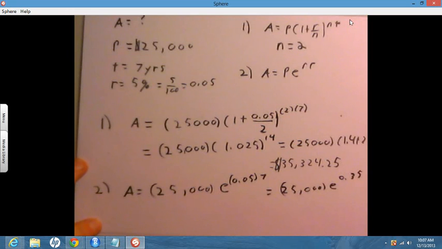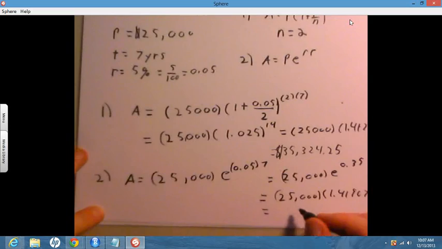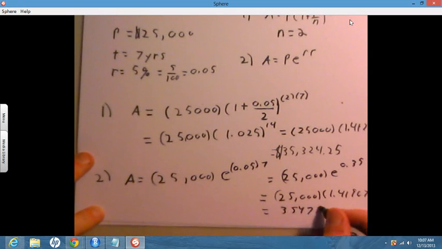And if I do e raised to the 0.35 in my calculator, this is going to become 25,000 times e to the 0.35, which is 1.41907, which is going to equal 35,476.75, which is approximately $35,476.75. So I do better with continuously compounding.